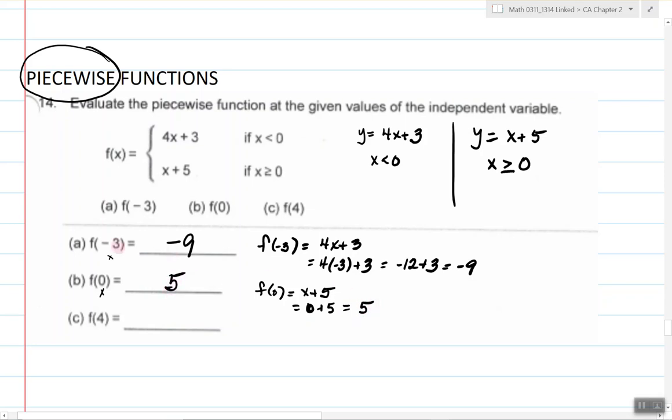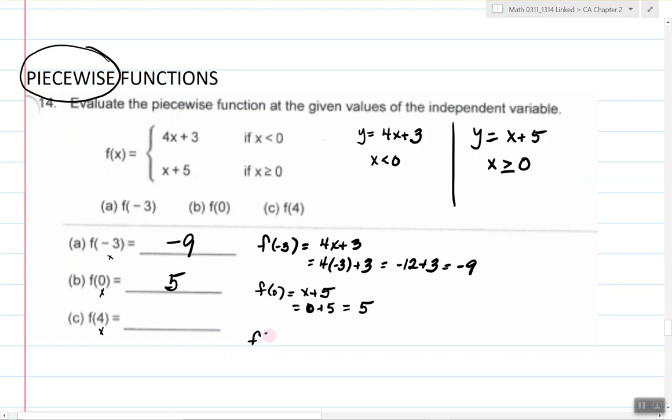So depending on the x, you pick the definition based on which part of the domain this number falls into. So when they say find f of 4, is 4 a number less than 0, or is 4 a number greater than or equal to 0? Well, it's greater than or equal to 0.